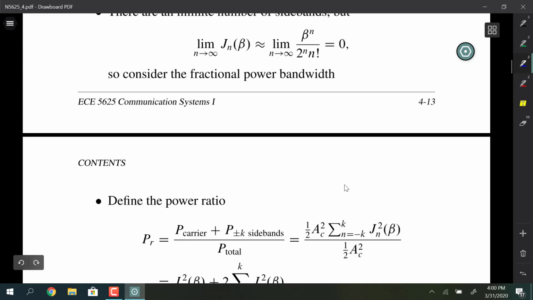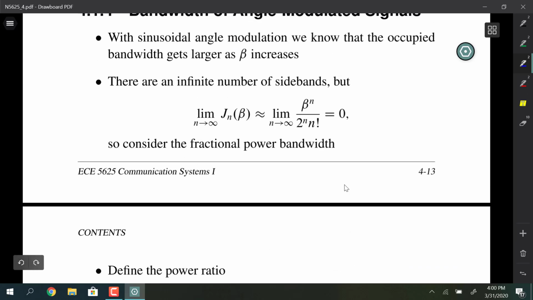So what do you remember from calculus? What can win the race? Raising a number to a power or finding the factorial? Factorials grow faster, right? So having this in the denominator drives things down towards 0, no matter what beta is.